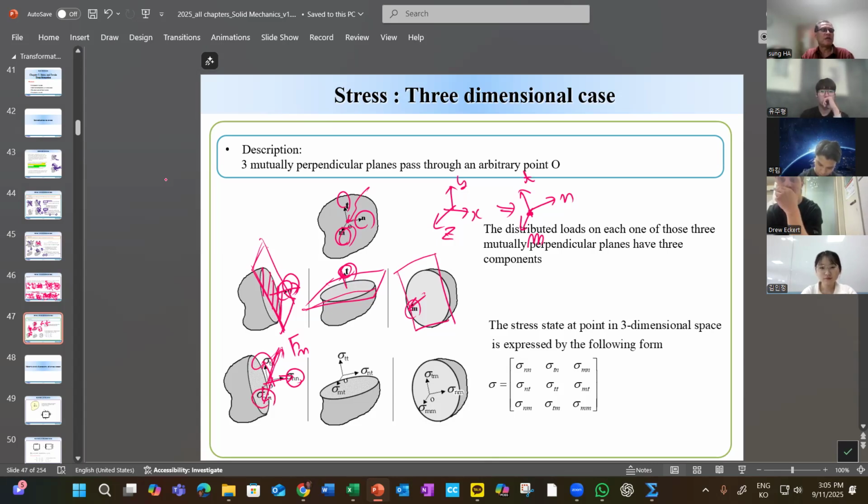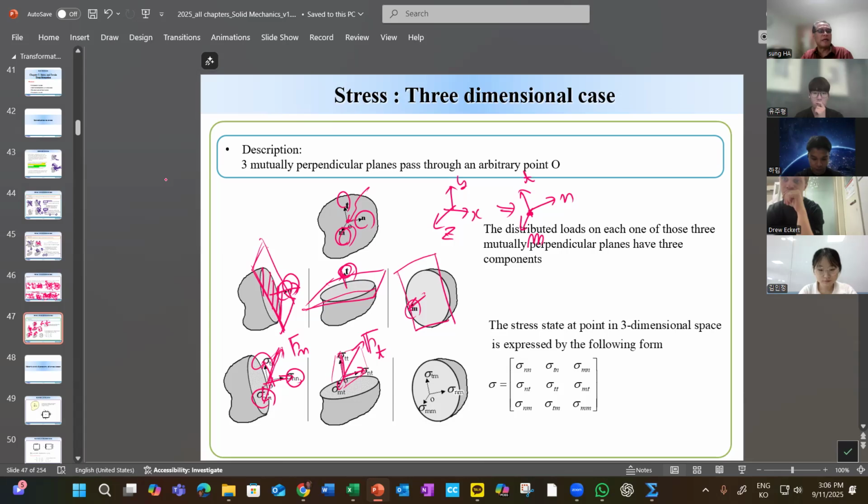And same for the t, we can have some distributed force ft. Now it can have components sigma nt, tt, and mt. So this is the component like this.